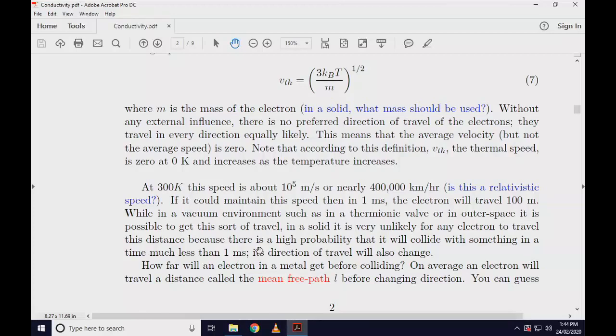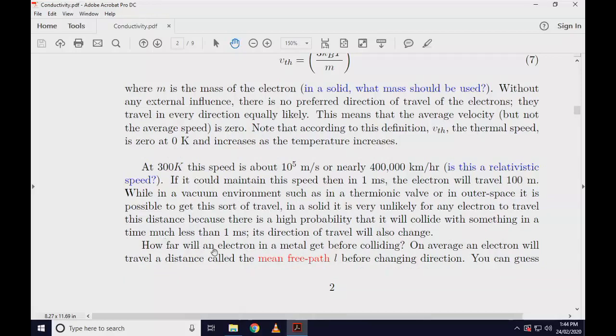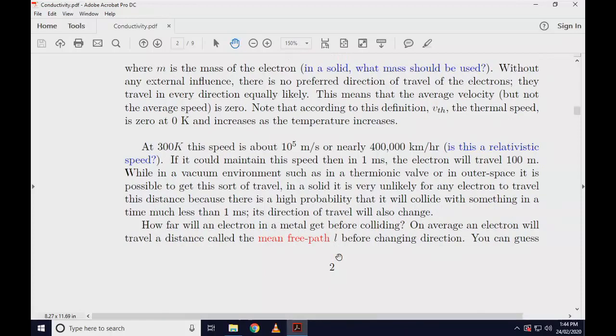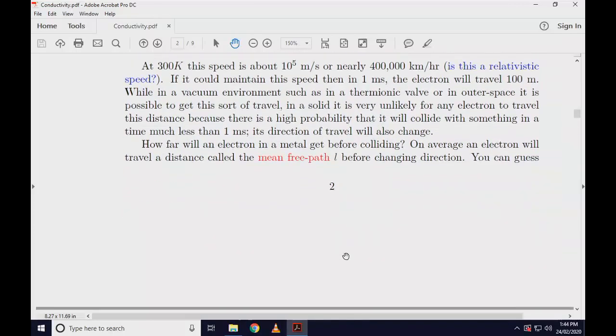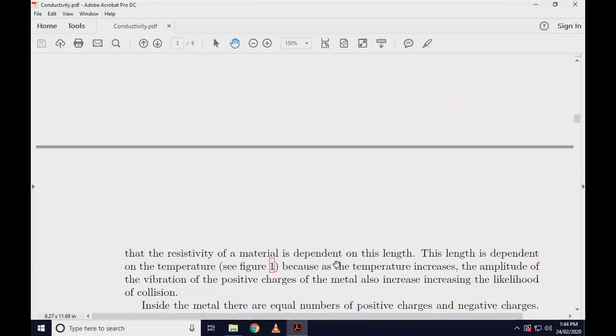And so actually they don't get that far. And so there's a randomization, but there is an average, what we call a mean free path length, that they will travel before they collide. So this is one concept you need to understand, mean free path, and then we also understand that there is a certain mean free time between collisions.